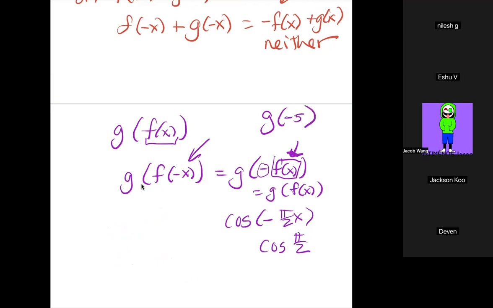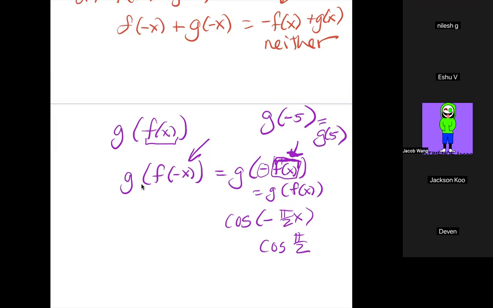Now I'm doing g of negative 5, but because g is even, g of negative 5 will just be the same as what? g of 5? Right. So that's the idea here, because this function is just going to output a number. So I'm really talking about g of negative some number, and because g is even, it's going to be the same as g of the positive version of that.